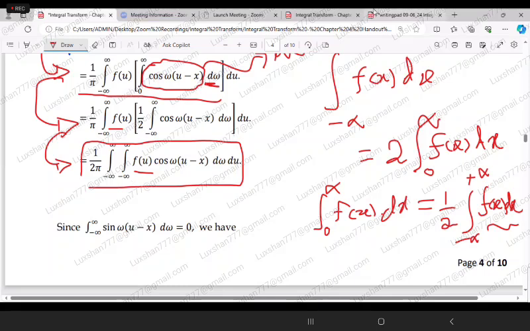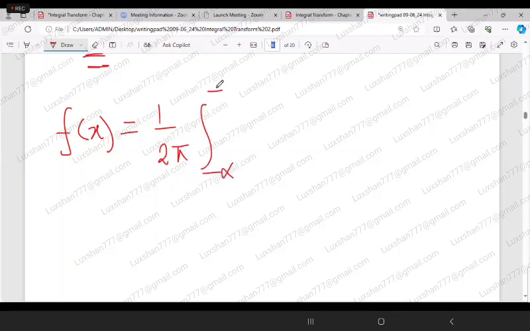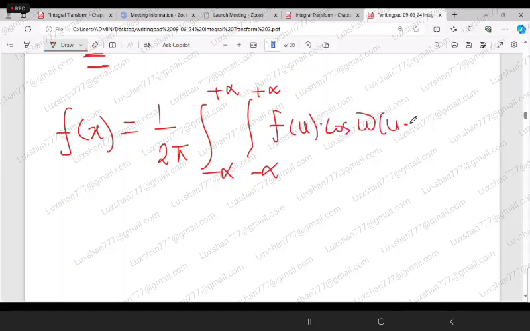So where are we now? We have written the Fourier integral representation in this form: equal to 1 over 2 pi, the integral from minus infinity to plus infinity, another integral from minus infinity to plus infinity, of f(u) cos omega (u minus x) du d omega.